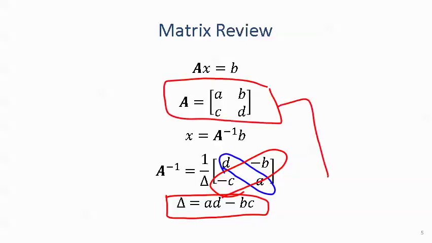Interestingly enough, it will work on this one also because we've changed both signs to negatives, and it's still AD minus BC, but that's the definition of the determinant.